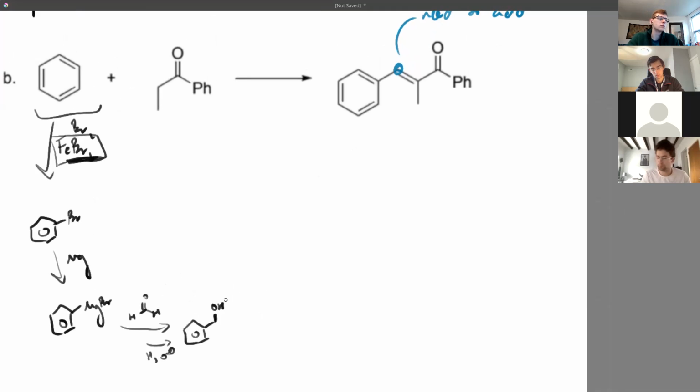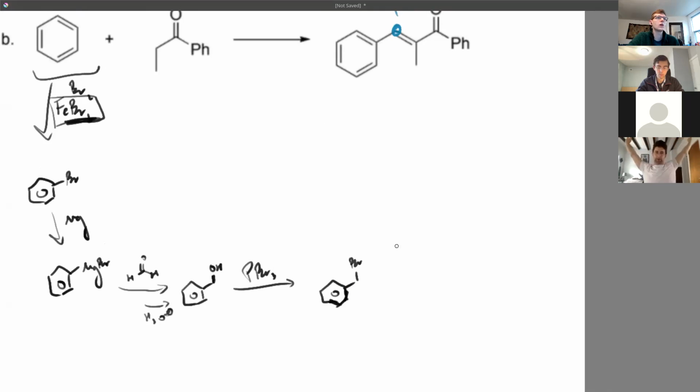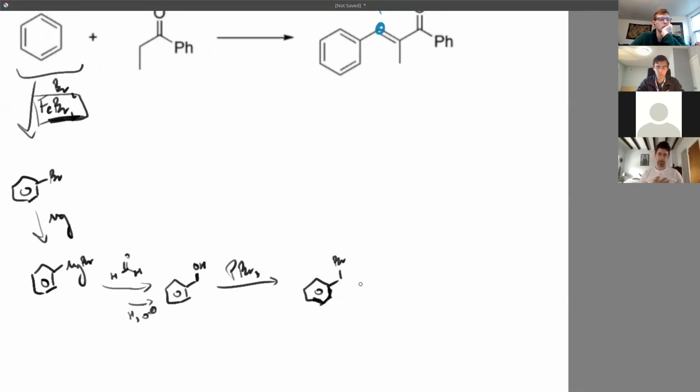Because then couldn't we just use LDA on our other starting reactant? If we use that PBr3, get that, and then use LDA on our other starting reactant, couldn't we then react the two together and get our final product? Oh, that makes sense to me.